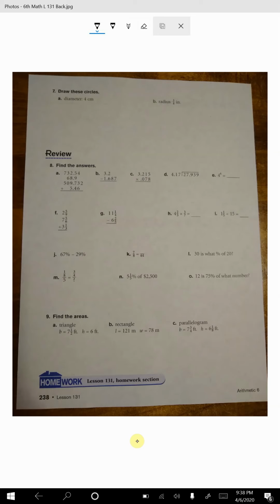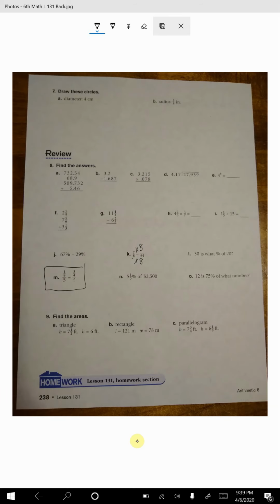So we have 7/8, and that equals something over 64. So remember what we did? We looked at that 8 and we asked, what did I multiply that 8 by to get 64? You multiplied it by 8. Therefore, you multiply the top one by 8. Remember that? That's easy. So we do the same thing with M. It just looks trickier because it's a fraction on top, which is really strange, and I don't know why they put these in here randomly, because I don't remember them ever really showing you how to do these.